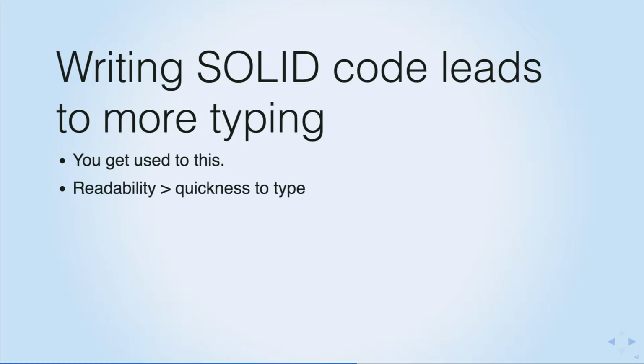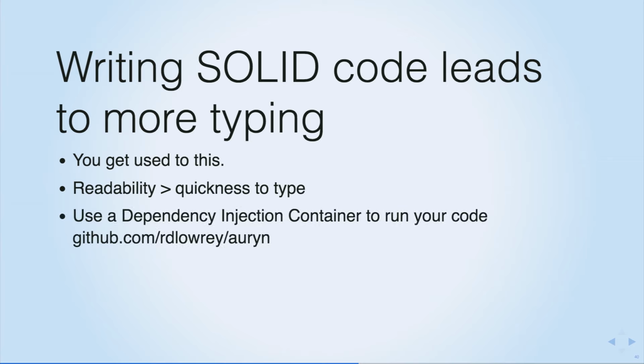The main reason being that readability is more important than quickness to type. Most of the time we spend programming is actually spent reading code and then figuring out what needs to be changed or added. The amount of time spent typing out characters on a keyboard is relatively small.